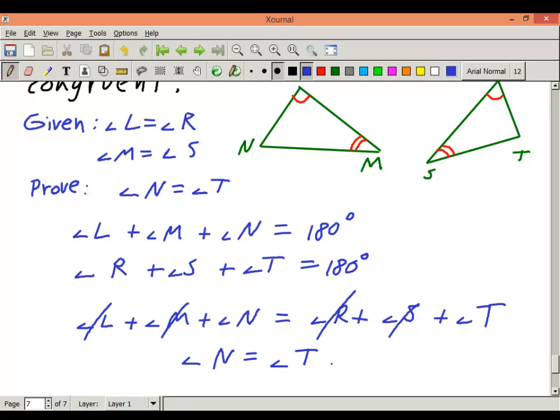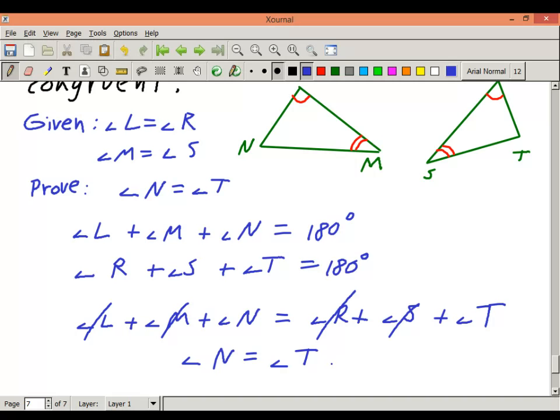Okay, so to summarize this topic today, we have 5 theorems. One is the triangle angle sum theorem, that the sum of the angles of a triangle add up to 180 degrees. We have to know that. Then we had a couple corollaries, which you could also call theorems, I suppose. The first corollary was the acute angles of a right triangle are complementary.